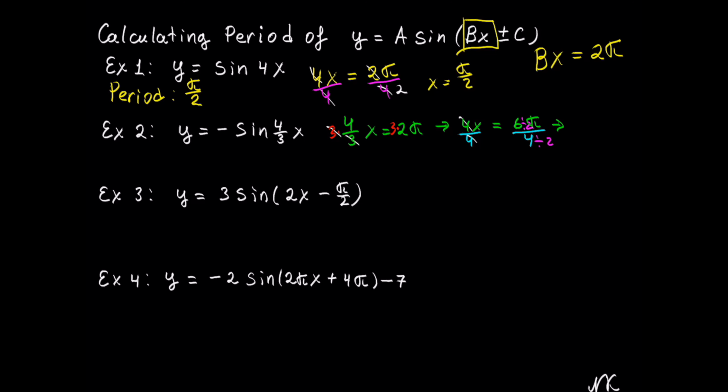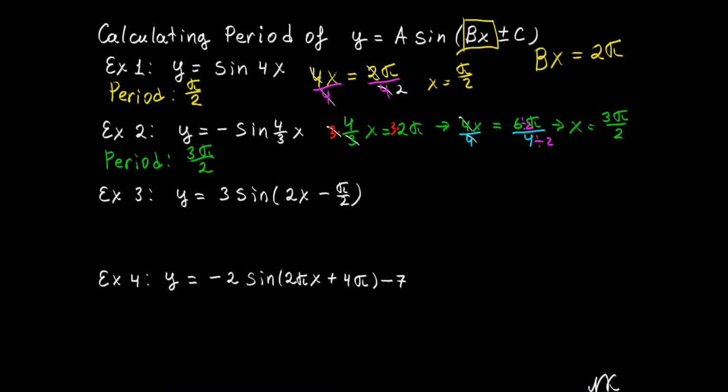So we get x equals 3 pi over 2. So the period of y equals negative sine of 4/3 x is equal to 3 pi over 2. Every 3 pi over 2, a new cycle will begin.